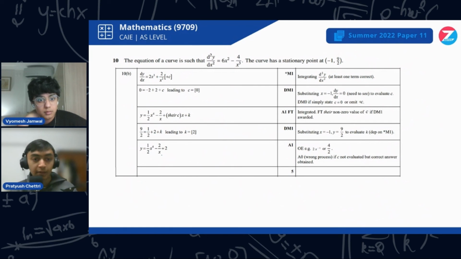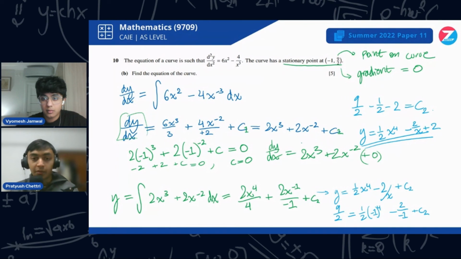That's 1 mark for integrating the second derivative, getting the c, integrating again, getting the other c, substituting, and then getting the full thing.